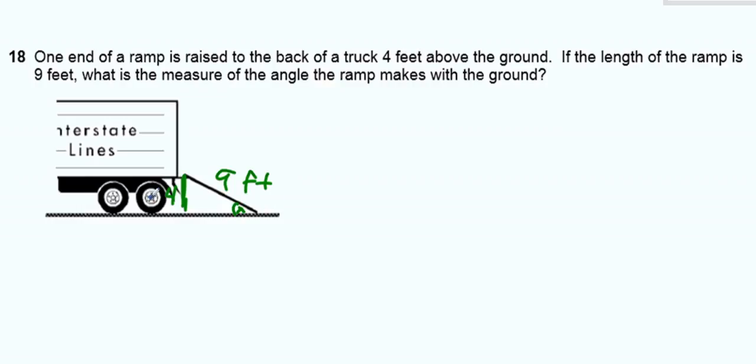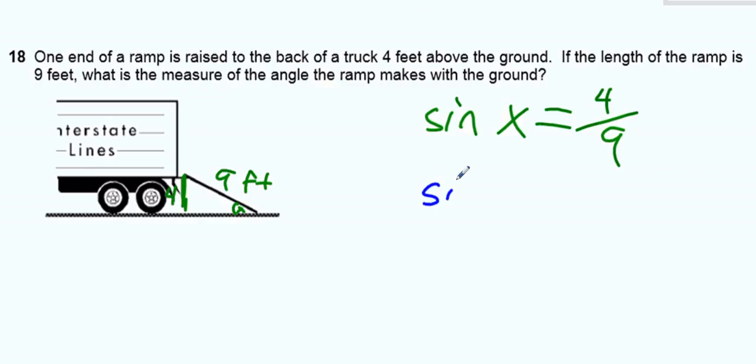We have the opposite side, we have the hypotenuse side, that's sine. So to solve for the angle, we do inverse sine, 4 over 9.